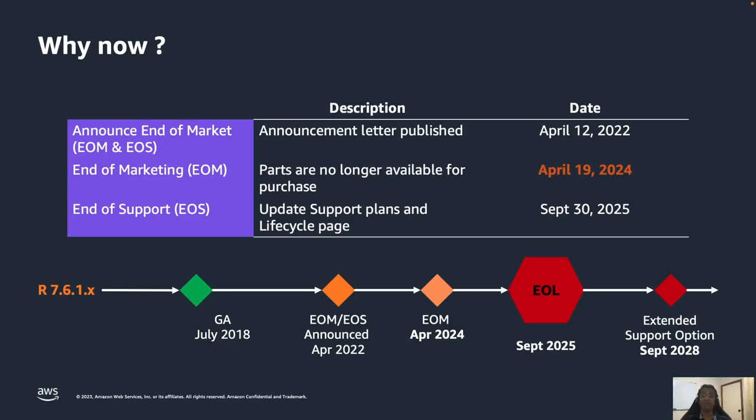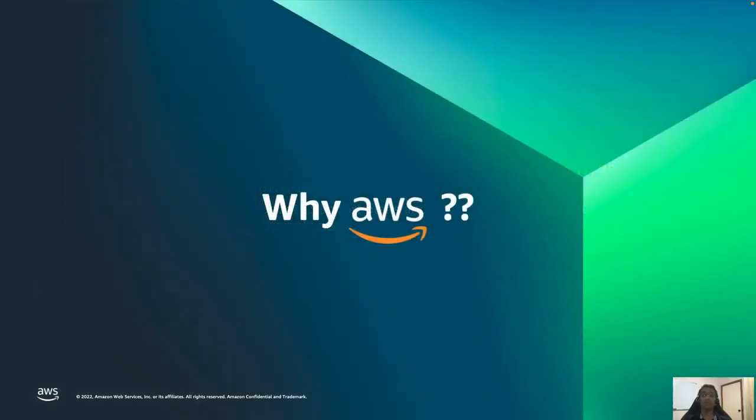Thus, it is important to start planning. It is really important to start planning your Maximo upgrade to ensure a smooth migration. All right, just to stress the fact that the end of marketing date is April 19, 2024, and the end of life is September 2025. All right, now let's look at why AWS is best placed to run your Maximo workloads.